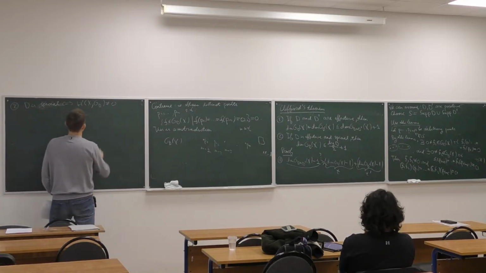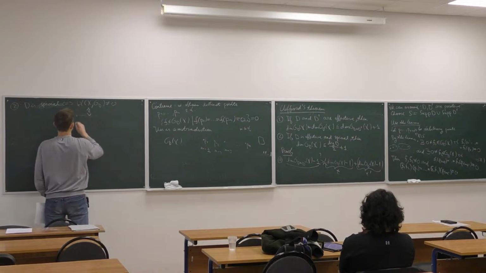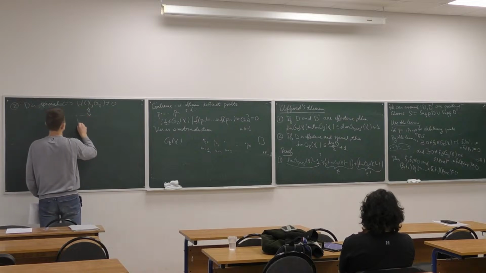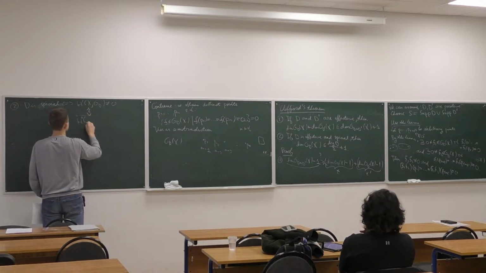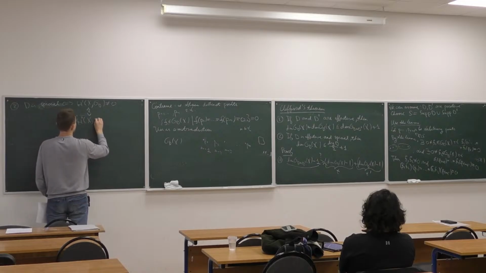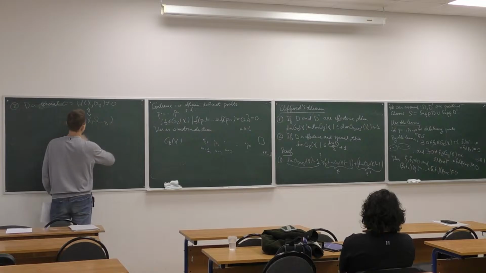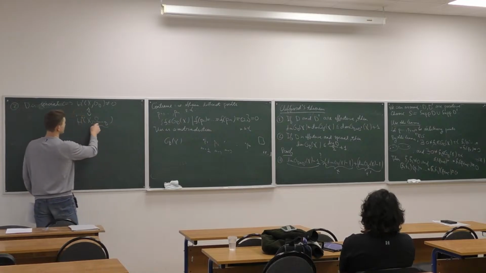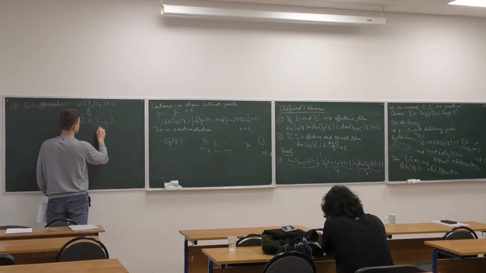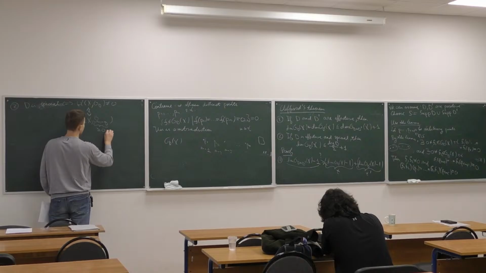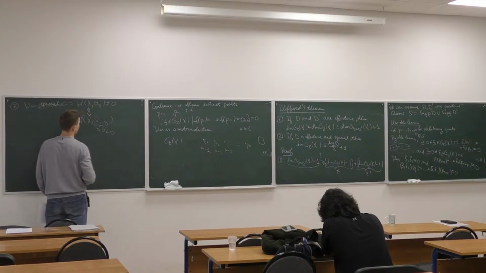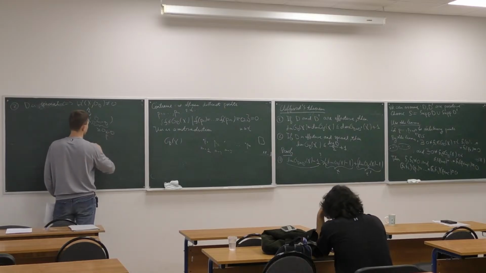But then, by the Serre duality, we know that h1 of this is h0 of x, omega minus D. But we know that this sheaf omega minus D is isomorphic to O_{K minus D}, where K is a canonical divisor.